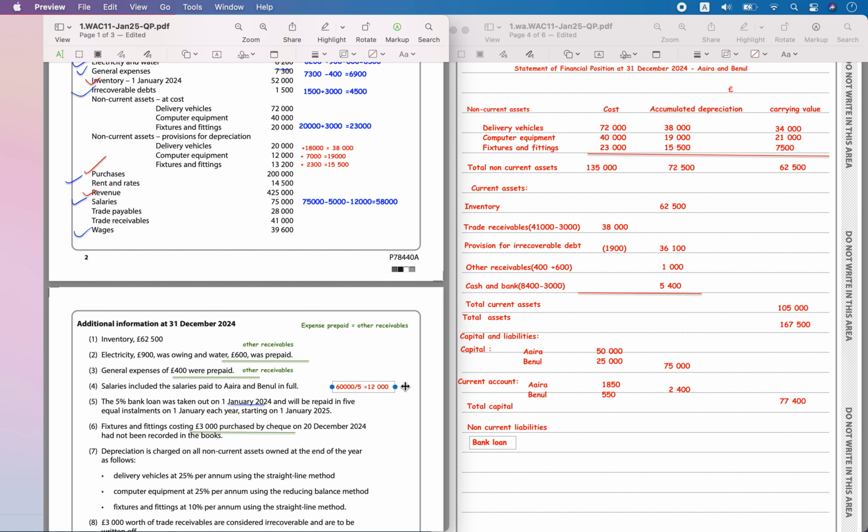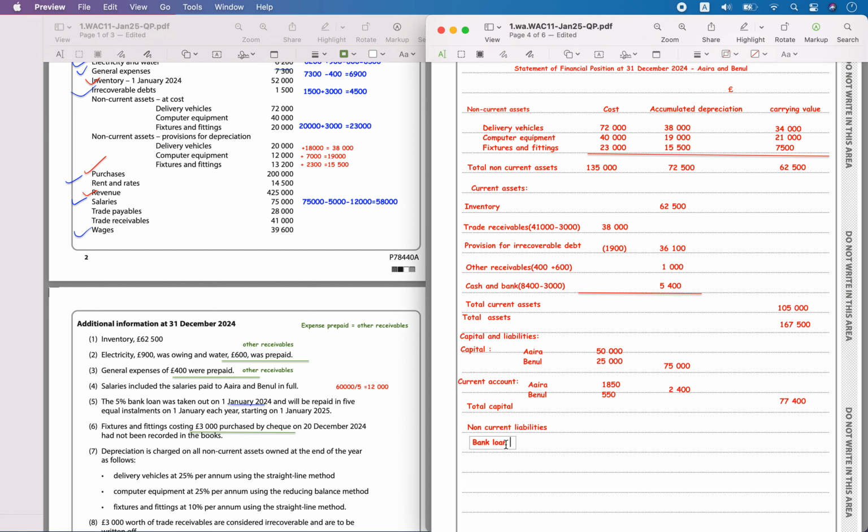By the end of the year they have to pay the installment, which is paid on 1st Jan each year starting 2025. So at the beginning of the year they would have paid, so the bank loan would have got reduced from 60,000 minus 12,000 to 48,000.